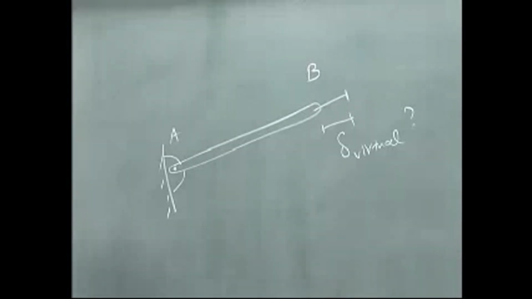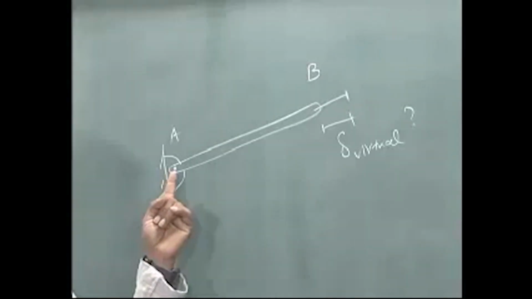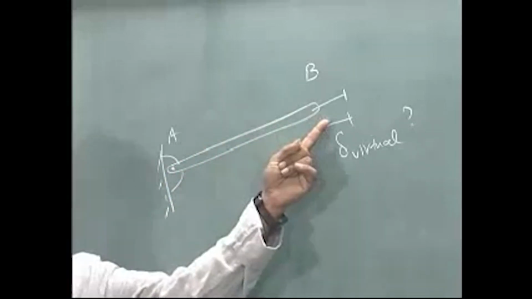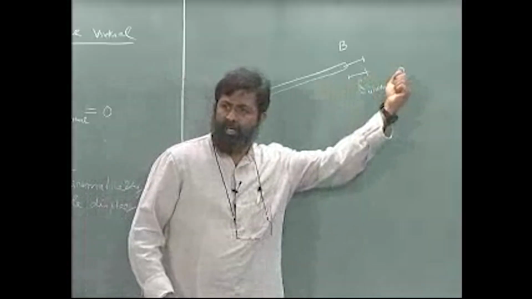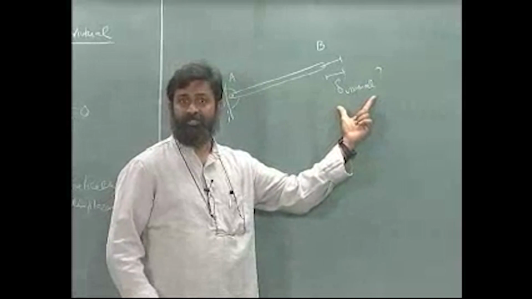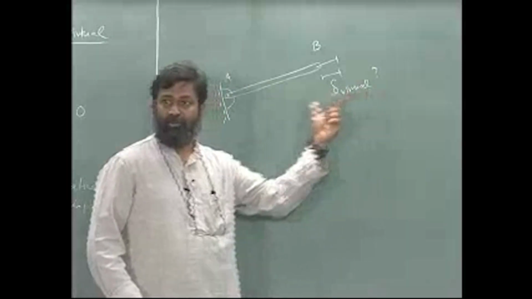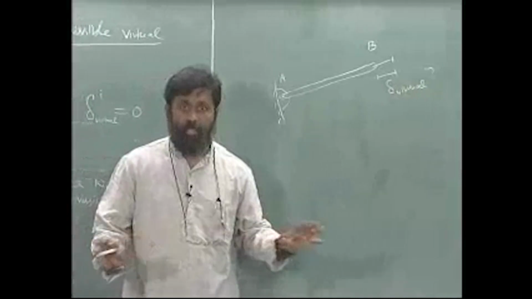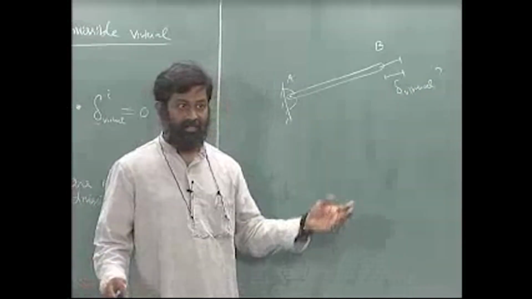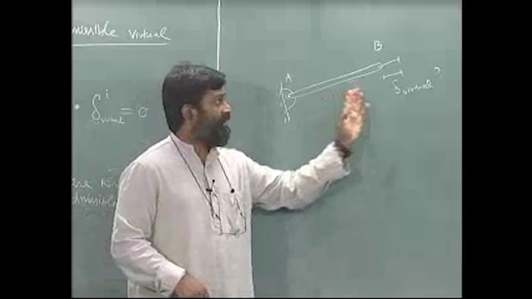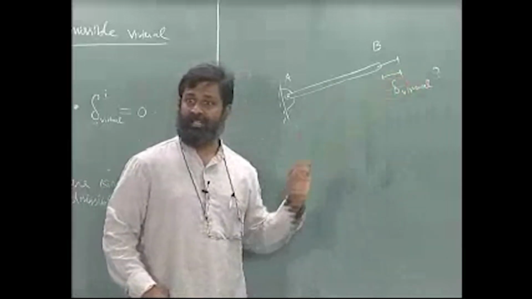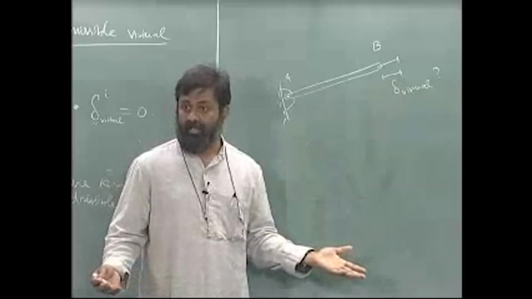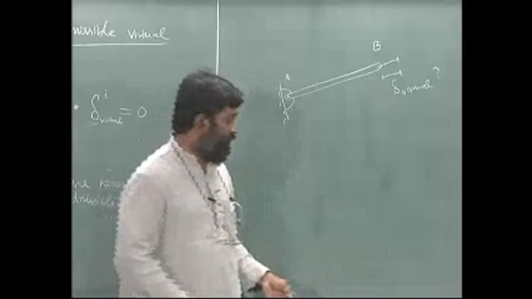The answer is no, because I have fixed this. This is a rigid body. There is no way I can pull it by a delta virtual, and therefore I will call that kinematically not possible. Kinematically, in the sense I cannot move this like this and hope to get a virtual displacement.